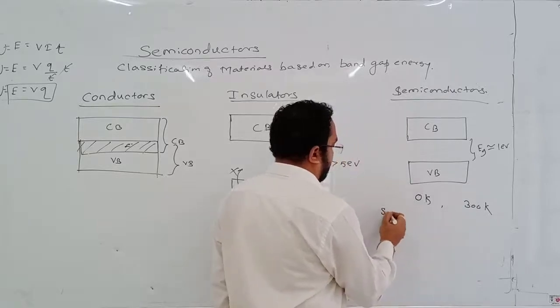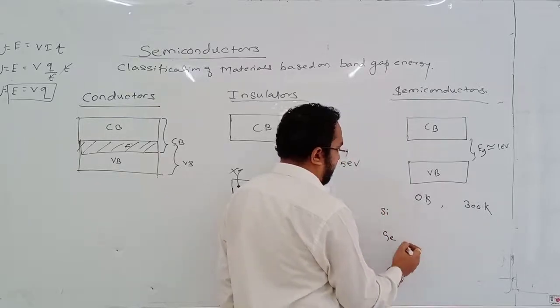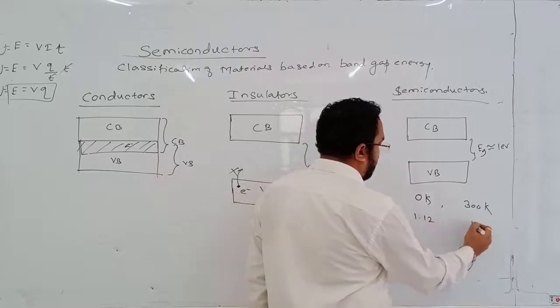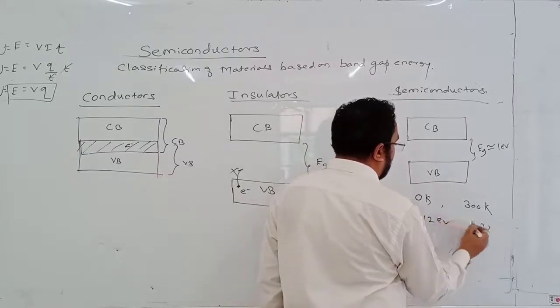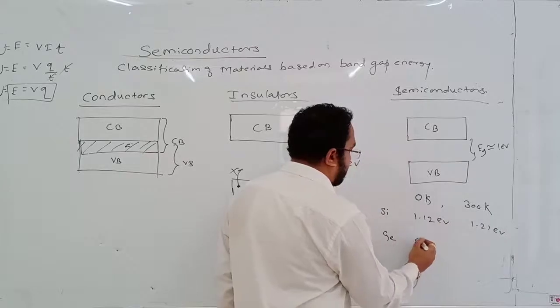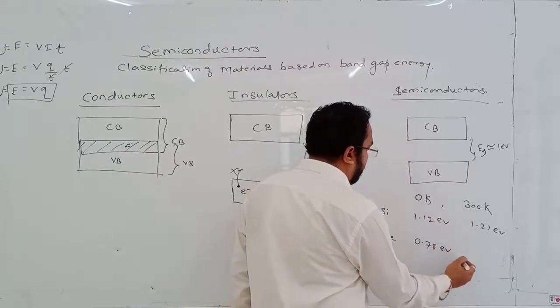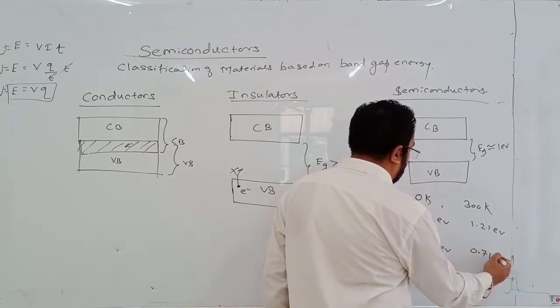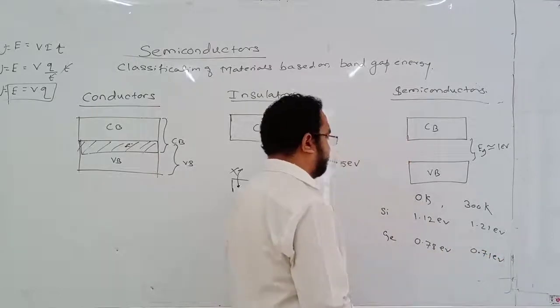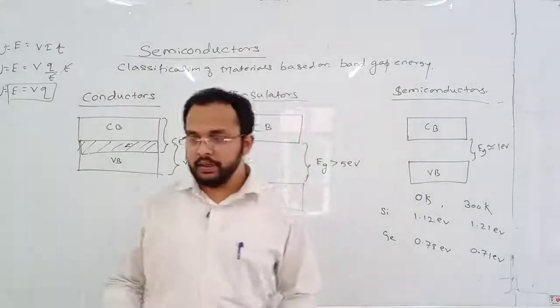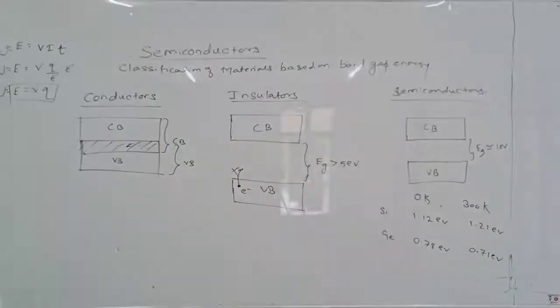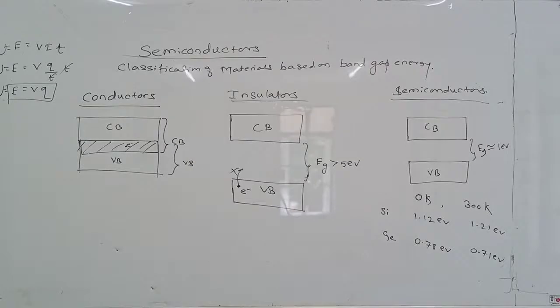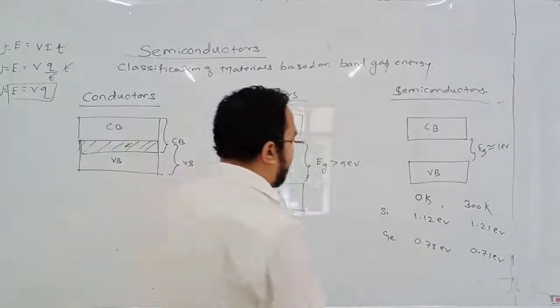For silicon and germanium, it is 1.12 and 1.21 electron volt for silicon, and 0.78 and 0.71 electron volt for germanium. So these are the standard electron volt values of silicon and germanium, 0.71 to 0.72 or thereabouts.